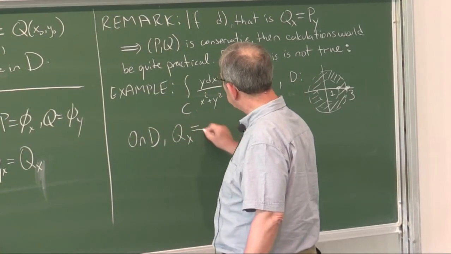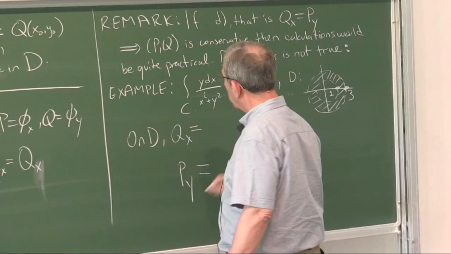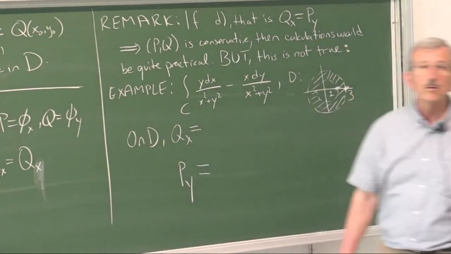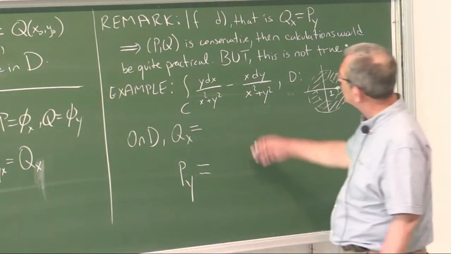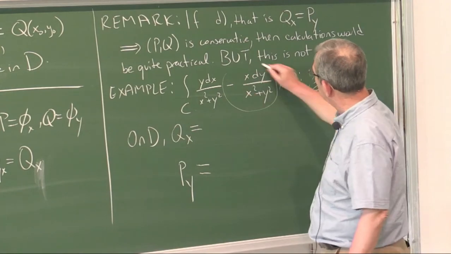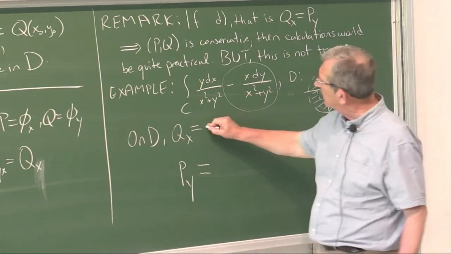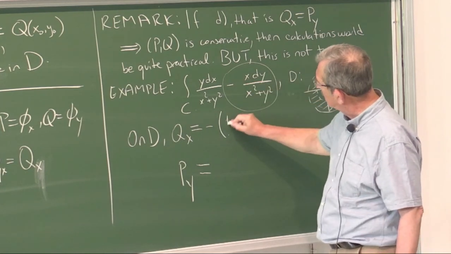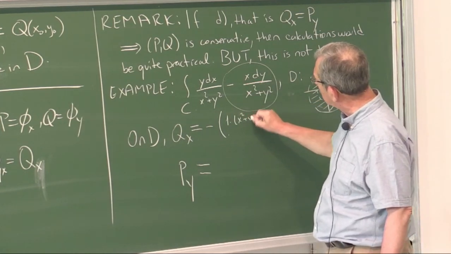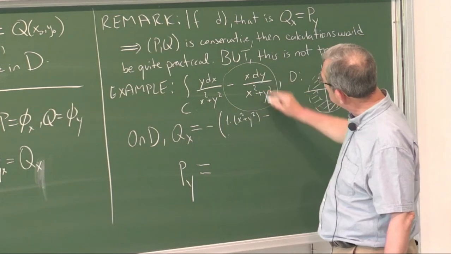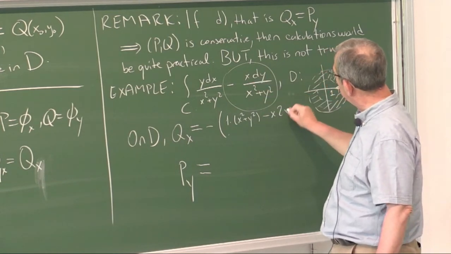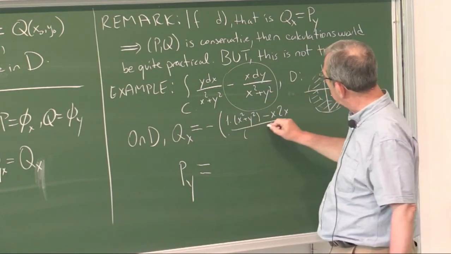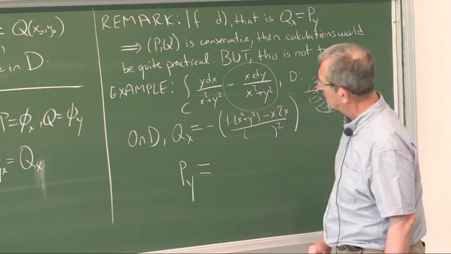But still, of course, on D, Q sub x and P sub y are equal. Well, how? What is Q sub x? This is Q, which would be the negative of the derivative of x times x squared plus y squared, minus x times the derivative of the bottom part, divided by the parenthesis squared.